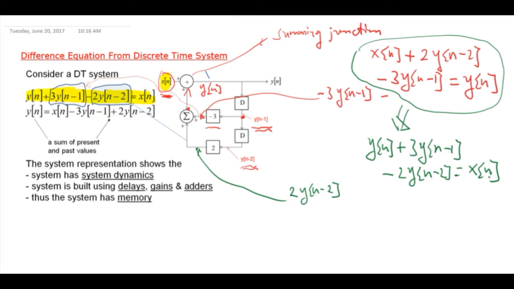We call it difference equation simply because this one plus this one and then minus that one is equal to the output. So everything is based on the difference between different kinds of signal. That's why we call it difference equation. And we also like to say that this kind of digital system or discrete time system has system dynamics. What does it mean, system dynamics?